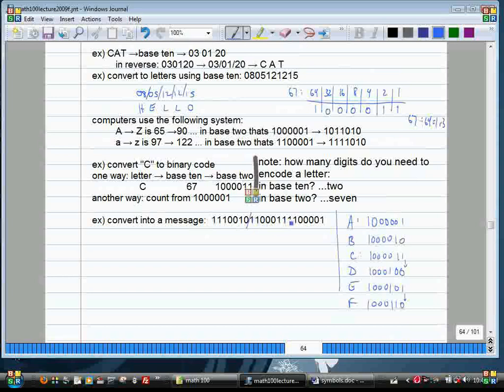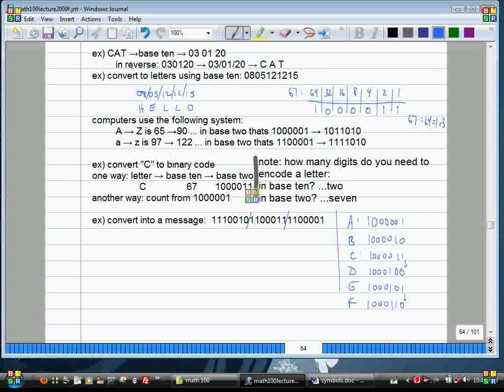Okay. So, how do we convert these numbers? Alright. So, like I said, there are 2 different methods. We're not going to do both methods for this problem because that would be twice the work.